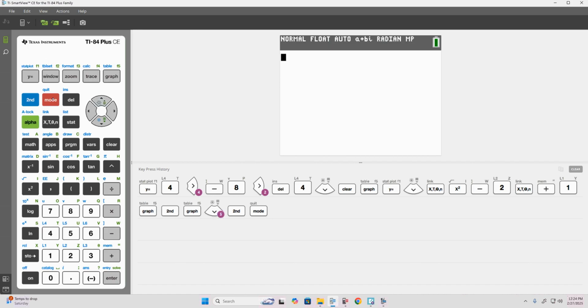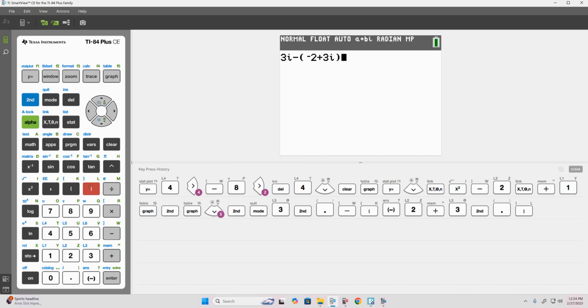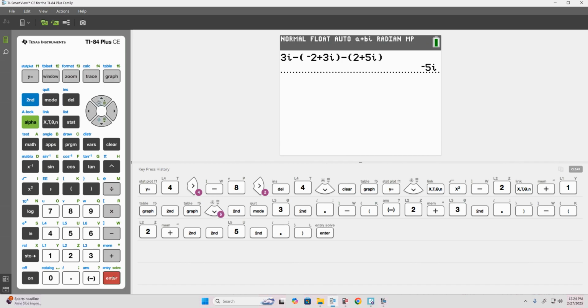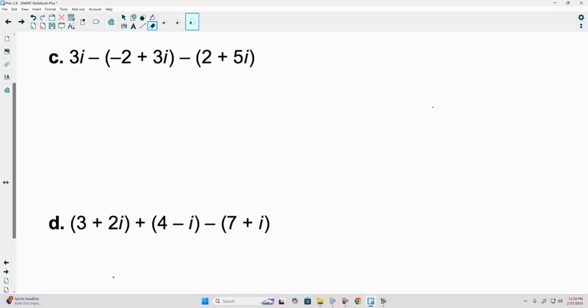Now, one of the nice things with the graphing calculator is that it will let us type in terms with i. So, 5. It'll tell us that this here is negative 5i. And we can verify that pretty easily.